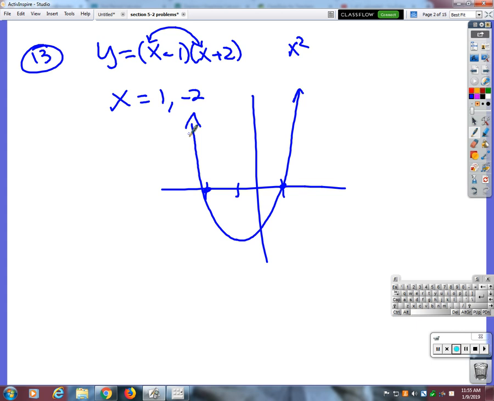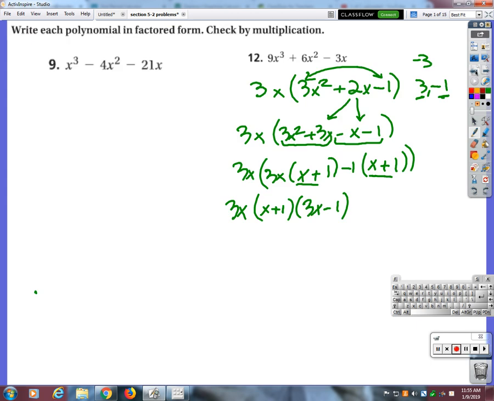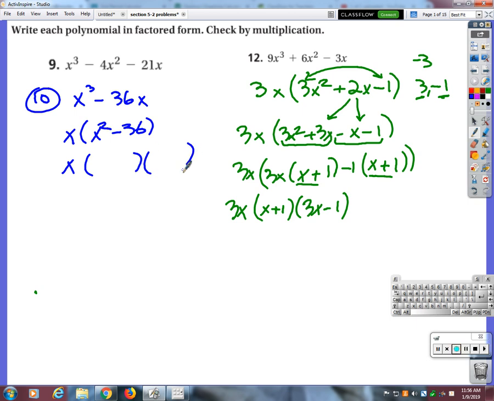Okay, yes. Number 10. Okay, you'll have to tell me what that is too. X what? Oh yeah, okay. So what can you factor out of that? An x. And so that leaves you x squared minus 36. Now I can factor x squared minus 36.